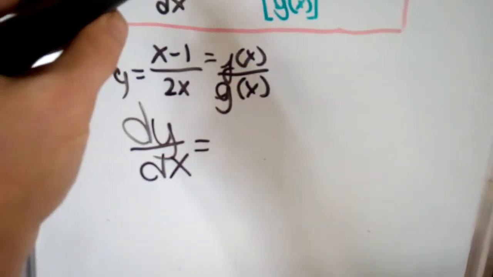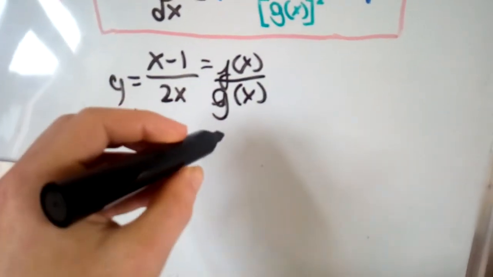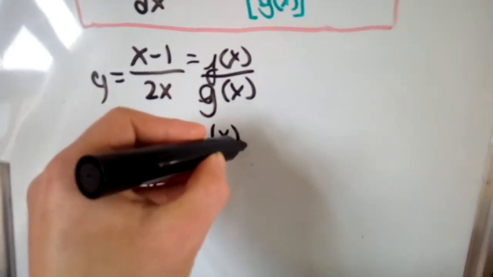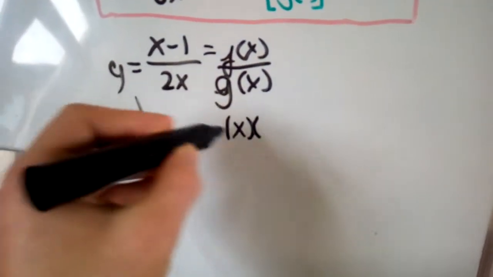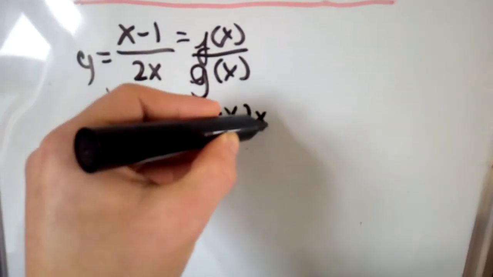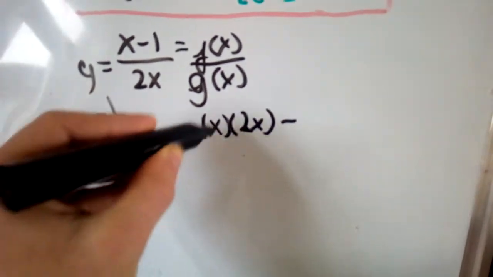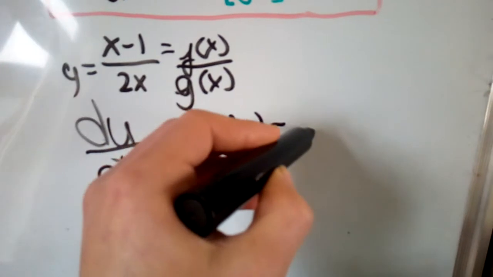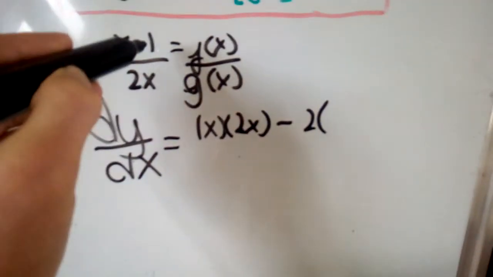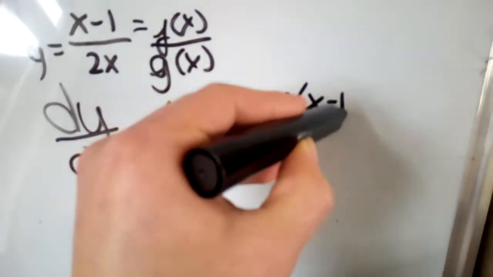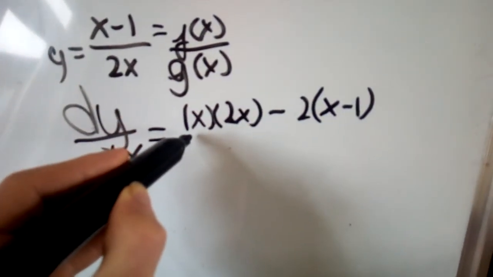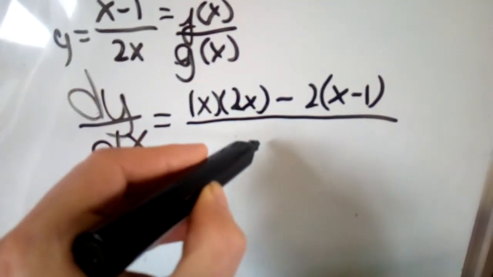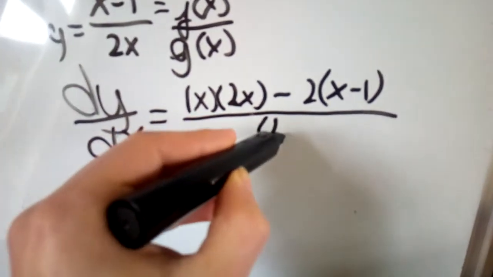So we want the derivative of f of x, which is x minus 1, that's just 1, using our power rule, times by g of x, which is 2x, minus, so we'll calculate their product first, and derivative of g of x, which is 2x, that is 2, times f of x, which is x minus 1, I'll expand that later, all over g of x squared, 2x squared, and I'm going to simplify this further.